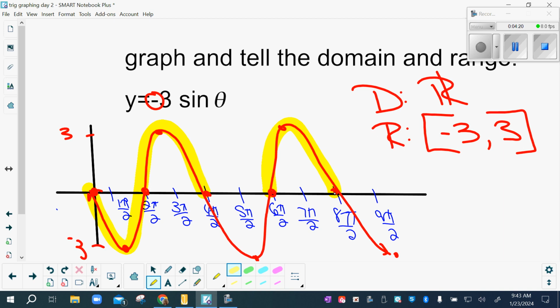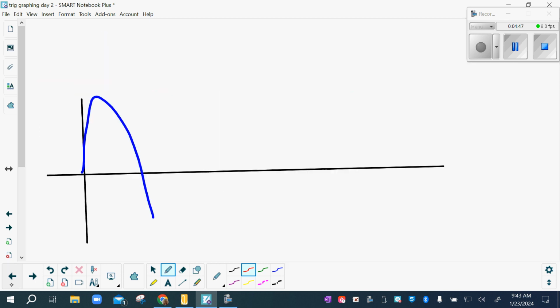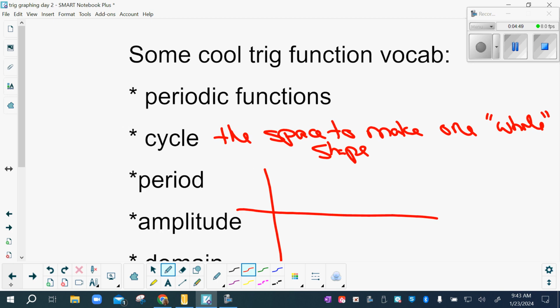So one cycle of this is the up and the down. That is one cycle. Here's another cycle. After that would be another cycle. So the cycle is the space it takes you to make the whole entire shape. If we were doing the curlicue, it's the time it takes you to make one whole curlicue. That would be your cycle.